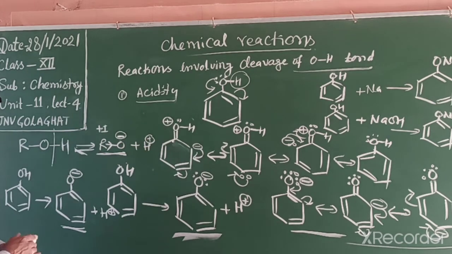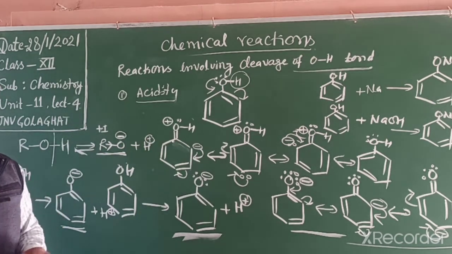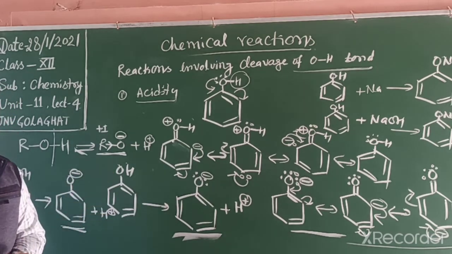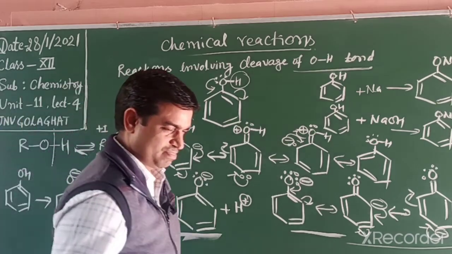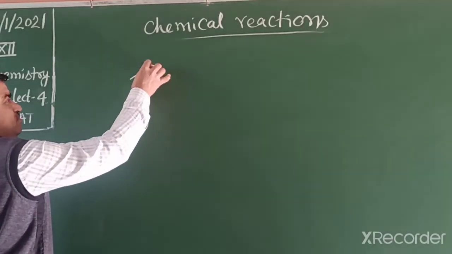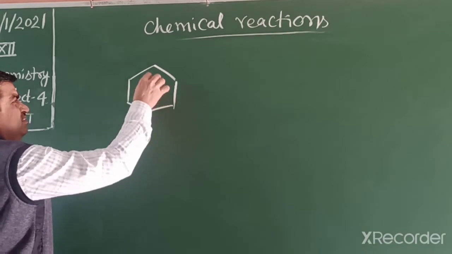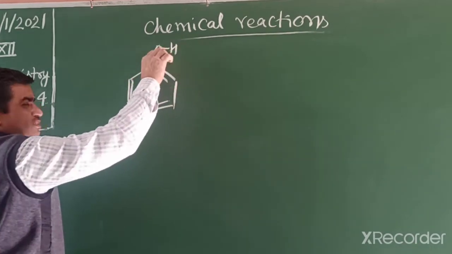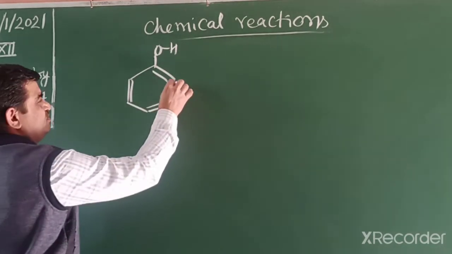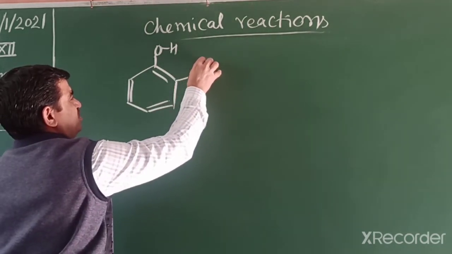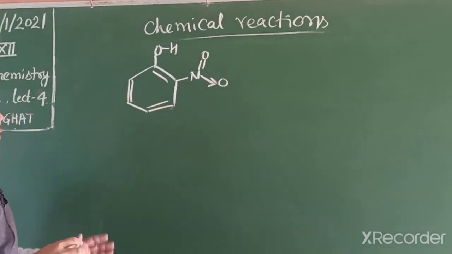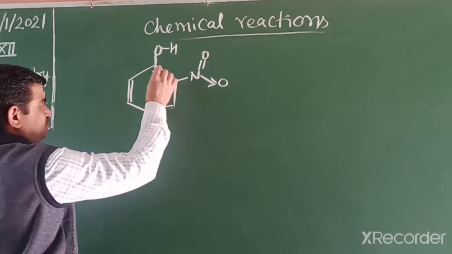Now we will discuss the different factors: if any electron withdrawing group or donating group is present on this phenol ring, then what is the effect on acidity? In the phenol ring, if any nitro group is present, say at the ortho position, then what is the effect on acidity? So that is a rule.